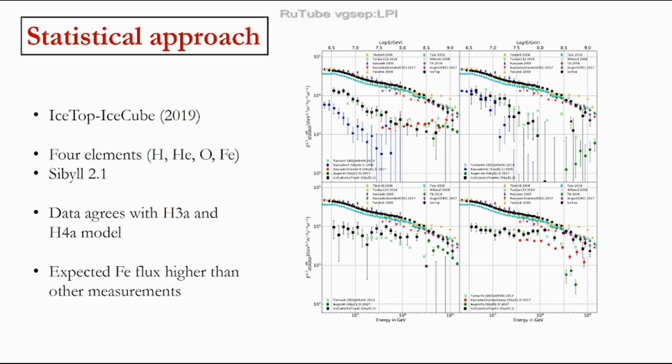The data obtained by the IceTop-IceCube collaboration agree with the models of Professor Gaisser that are known as H3A and H4A. So we have a general agreement with these models that are based on a knee-like feature with the energy of the knee depending on the charge of the primary particle.